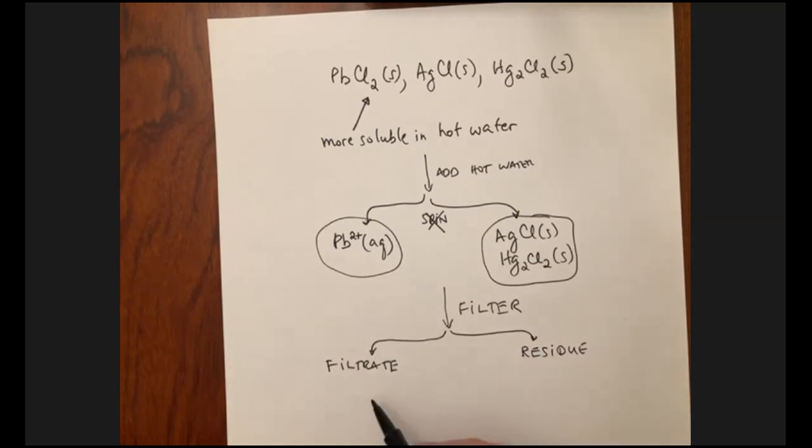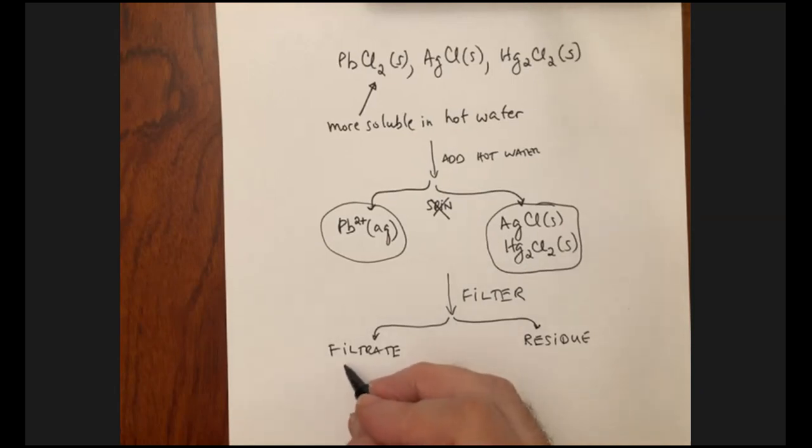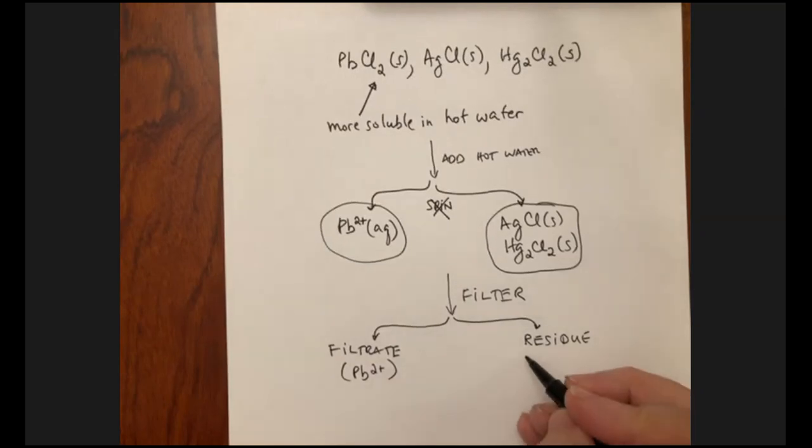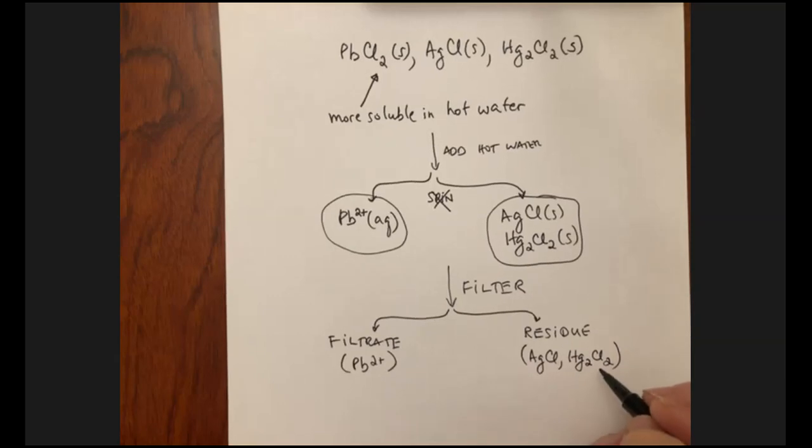Okay, so the filtrate is the liquid that goes through the filter paper. This filtrate should be the one that has the lead 2 ions in it. The residue should still have silver chloride and mercury 1 chloride. Both of these are still stuck in the filter in a solid form, all right?